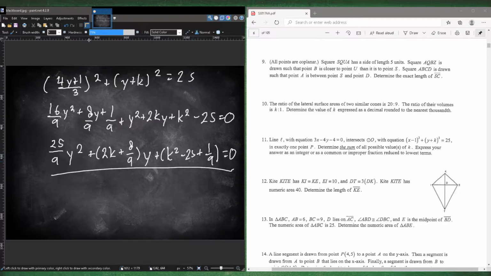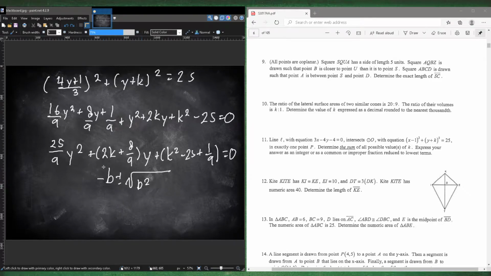So now we have a polynomial. For it to intersect at exactly 1 point, it must have only one solution for y. Using the quadratic formula, negative b plus or minus the square root of b squared minus 4ac, over 2a, b squared minus 4ac has to be equal to 0, because adding 0 and subtracting 0 is the same thing, so there's only one solution.